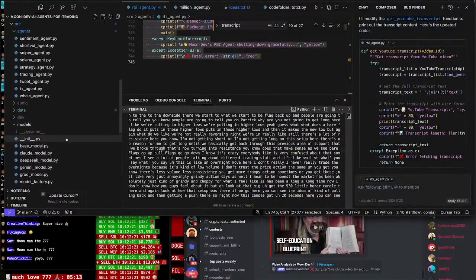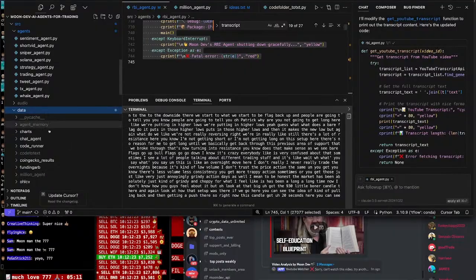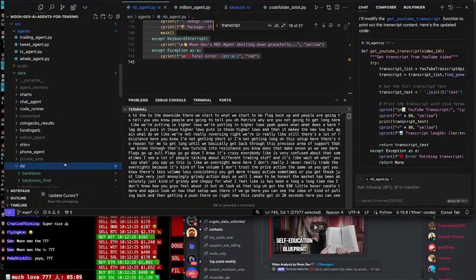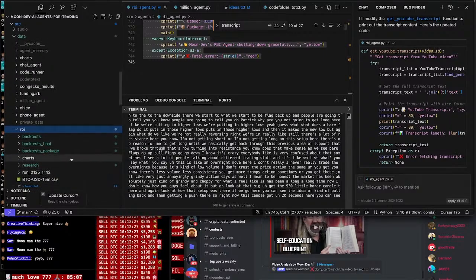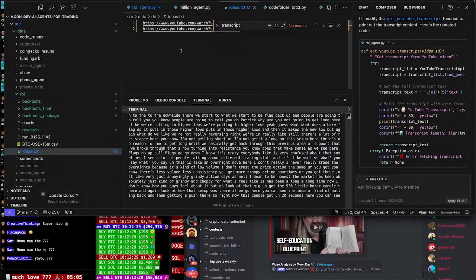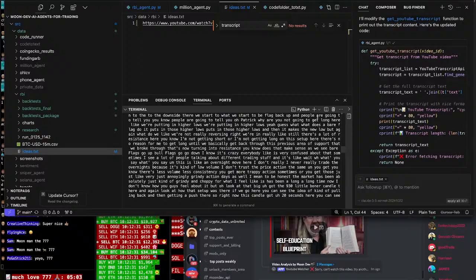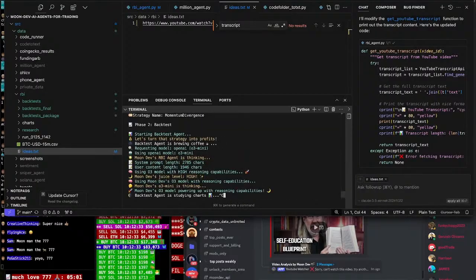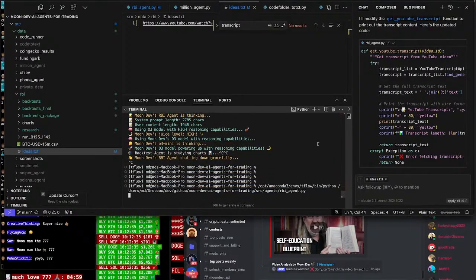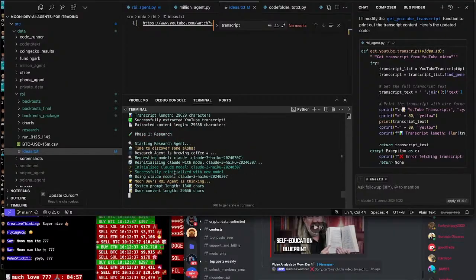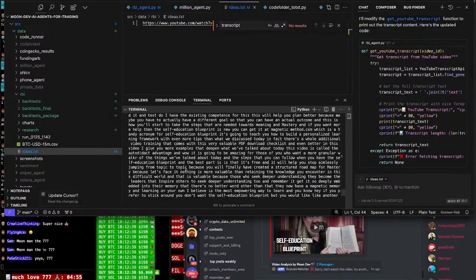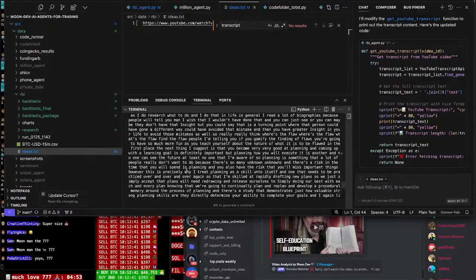If we go to the data here, RBI, let's paste it in there and run this back. Interesting.